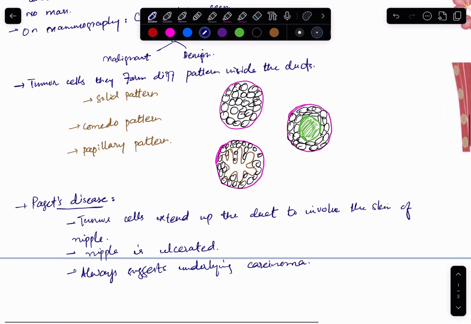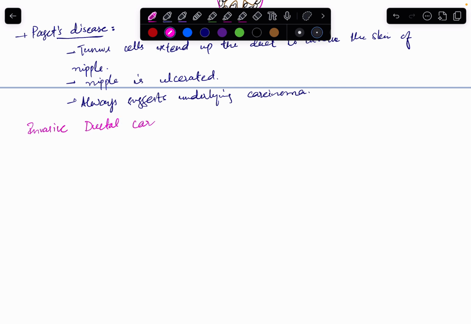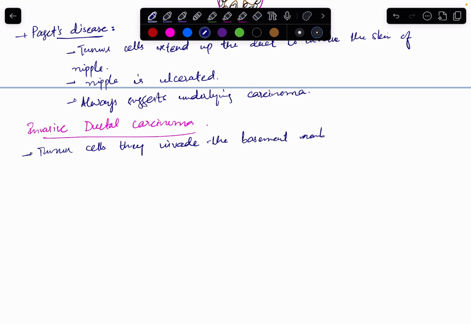So now moving towards the next type of carcinoma, and that is invasive ductal carcinoma. In invasive ductal carcinoma, the tumor cells invade the basement membrane and infiltrate the stromal cells.